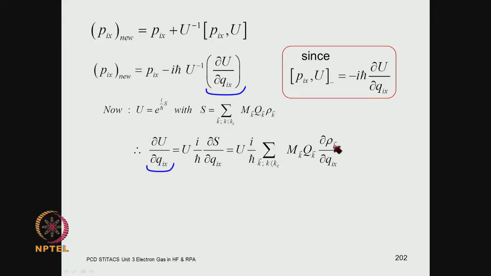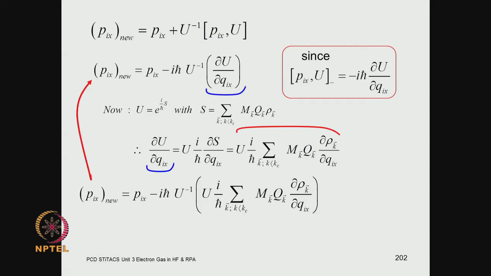So each component is involved over there, and you must take the partial derivative of ∂ρ/∂q_i corresponding to the x component, because now we are dealing only with the x component one at a time. So this is the result that we get, and we can now write this transformed momentum in terms of the first term, which is p_ix, then you have got minus iħ over here, you have got U inverse coming over here, and this ∂U/∂q is what has been determined over here, and this whole thing comes in this bracket.